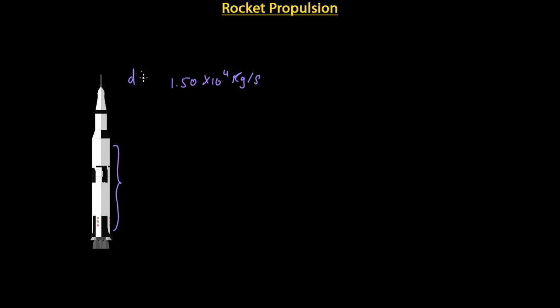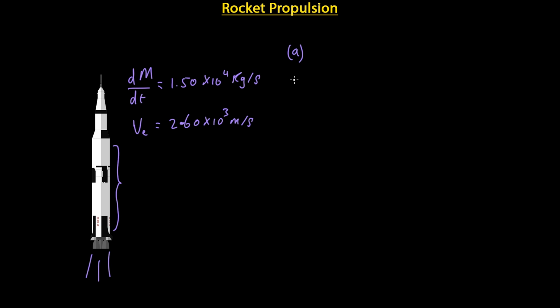So this is the burn rate, delta m over delta t. So it's burning 15 tons of fuel per second. Now the exhaust speed of this fuel coming out the back, v sub e, is equal to 2.60 times 10 to the 3 meters per second.